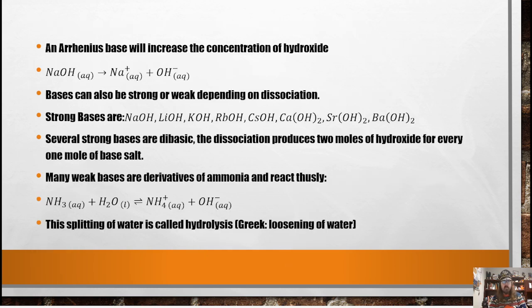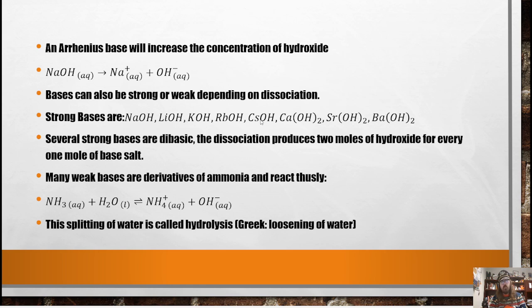Now, Arrhenius bases, essentially when they dissolve, increase the amount of hydroxide in solution. The base can be strong or weak, depending on that same equilibrium expression: how much does this break apart? Our strong bases include sodium hydroxide, lithium, potassium, rubidium and cesium hydroxide.